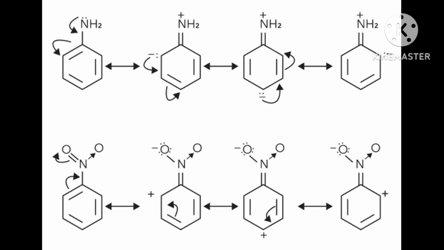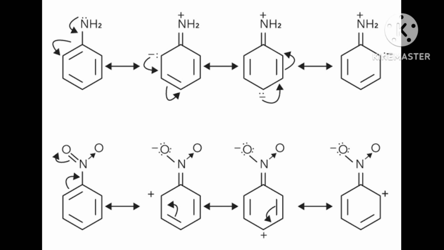In this case, where the attacking group is attaching, because it has a lone pair of electrons, meaning a negative charge, that carbon will not have the negative charge, it will be the adjacent second carbon.